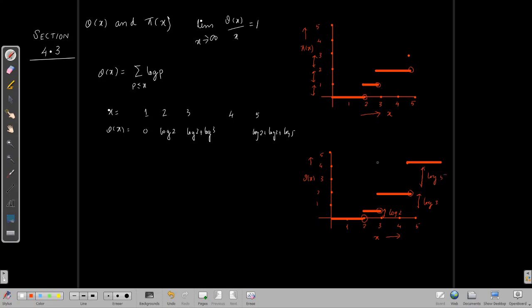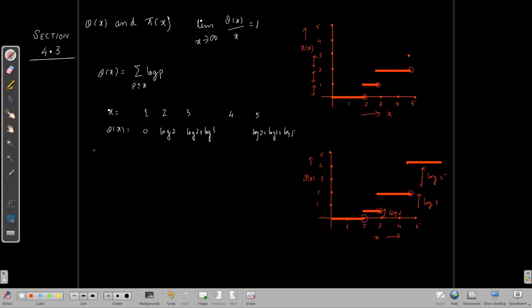So these two are step functions, but they have different jumps. In the case of phi of x the jump is 1 each time, but in the case of theta of x the jump is not 1. That varies, like log 2, log 3, log 5, etc.